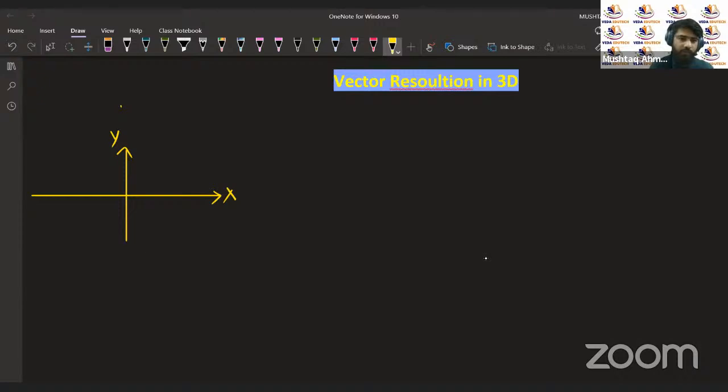And let's suppose this is the Z axis right here. And let's draw a vector. This is the vector A.